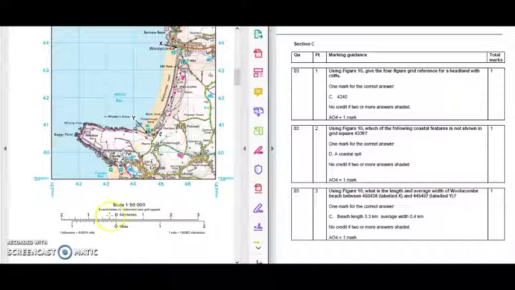So what we need to do is simply measure that and then reference it down the bottom. How many kilometers is it? And it should work out that the length is around about 3.3 kilometers, and it is 0.4 kilometers wide.